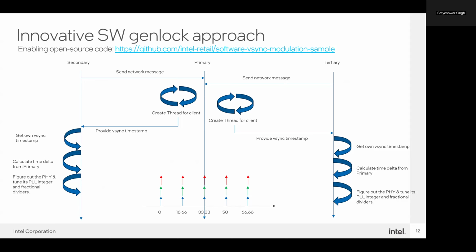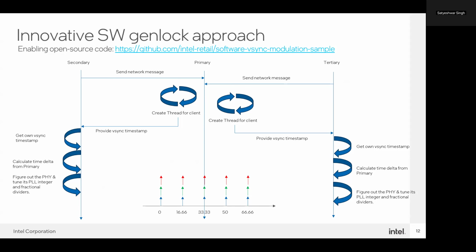As Ben was saying earlier, we were typically running at that 59.94 hertz clock, and therefore each vsync is exactly 16.66 milliseconds from each other. But due to this change to the fractional dividers, we are now running at, let's say, 16.650, so 16 microseconds faster or 16 microseconds slower.